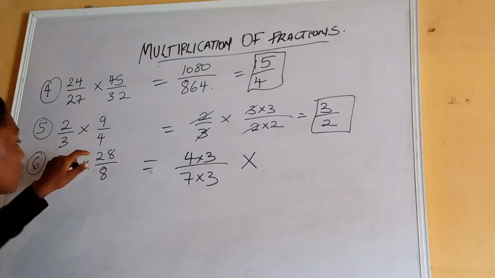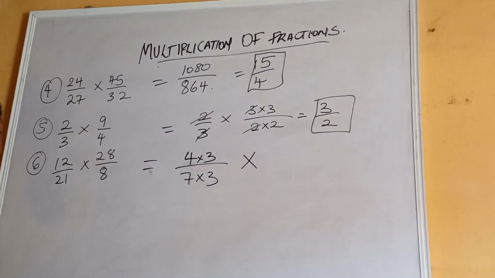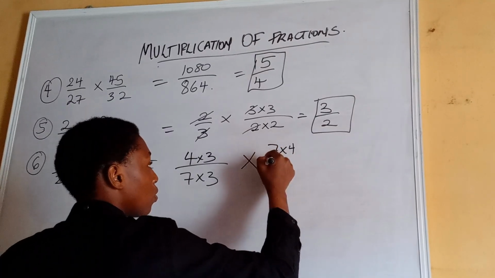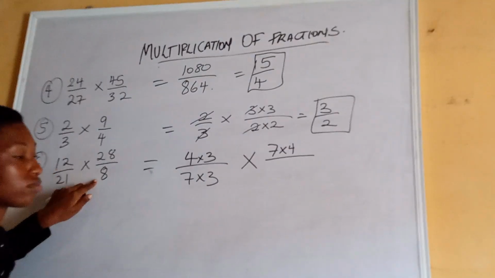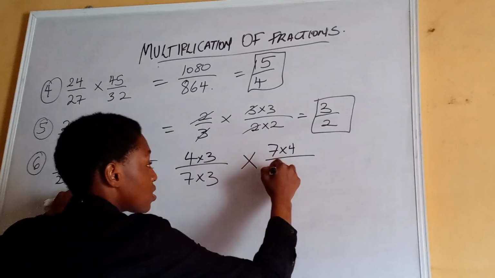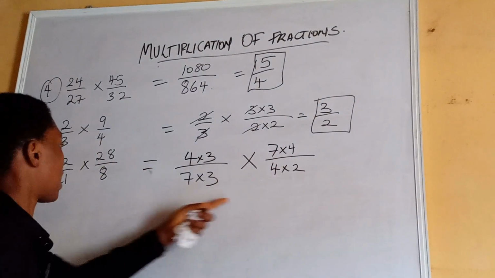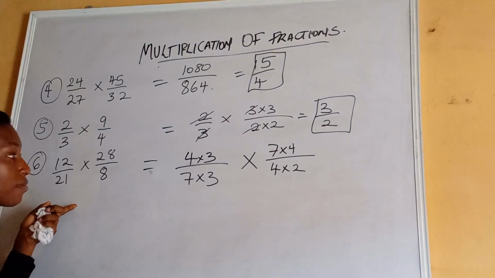Now for this 28, what times what will give you 28? 7 times 4 is 28. So you have 7 times 4 all over 4 times 2, which gives you 8. So this is just the expanded form of this.